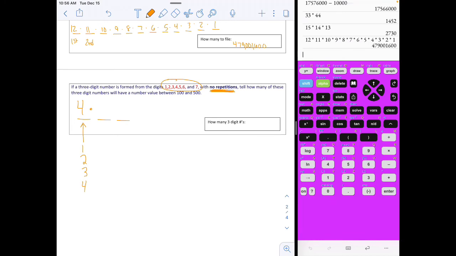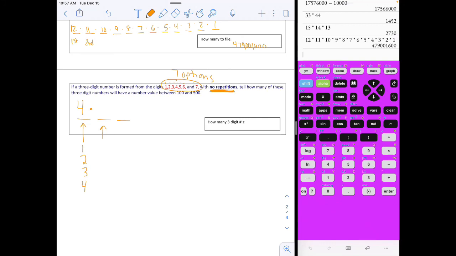Now let's say I use one of them. It doesn't limit me at all in the 10s spot. So I could use 1, 2, 3, 4, 5, 6, or 7 for that second spot. So there's 7 options.